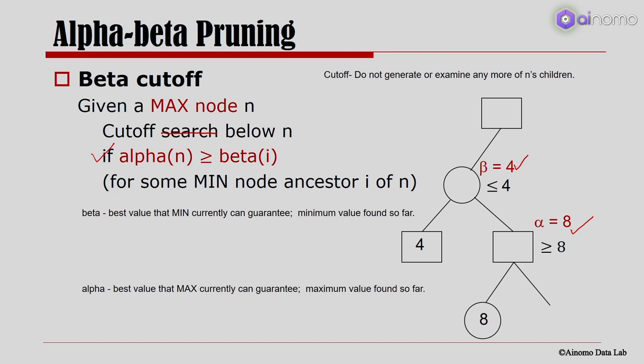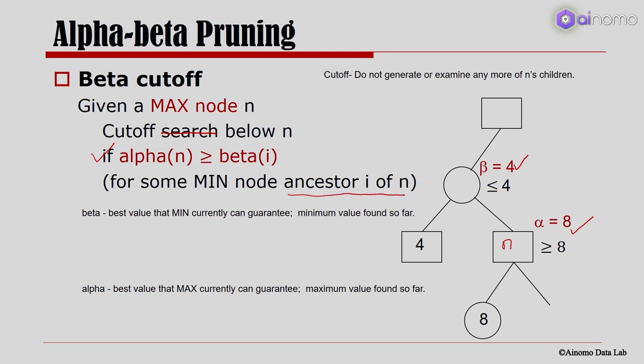Now, let us look at this condition given here. I have my node n here, and the alpha value of n is 8, whereas the beta value of i, which is an ancestor of n, is 4.